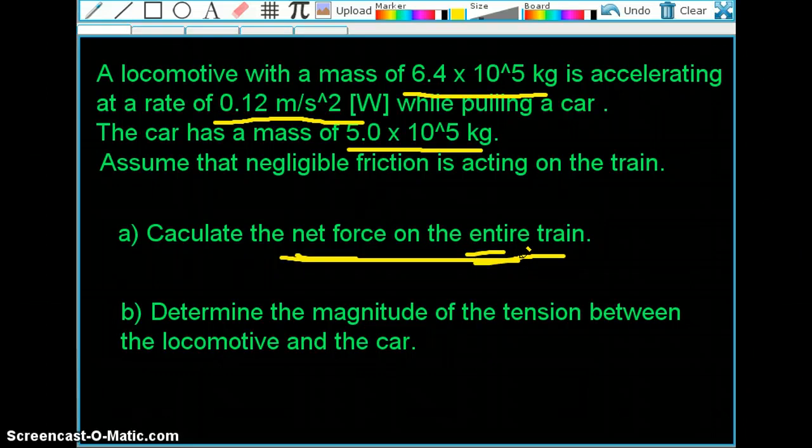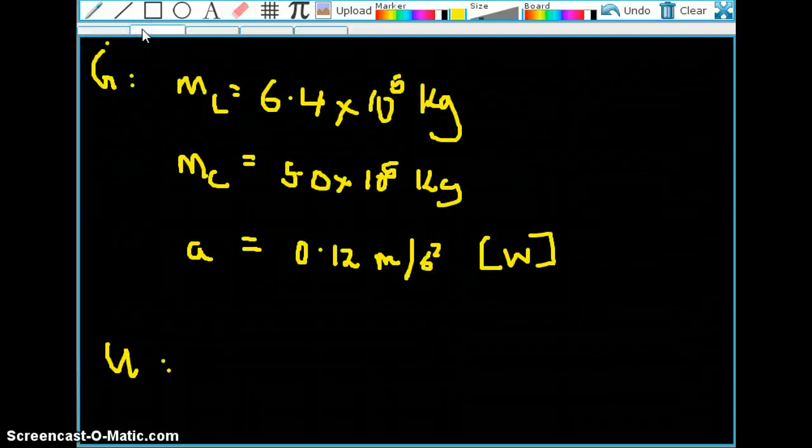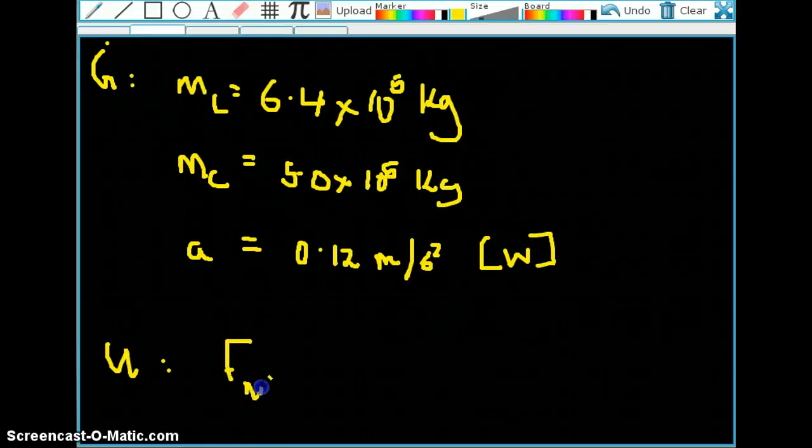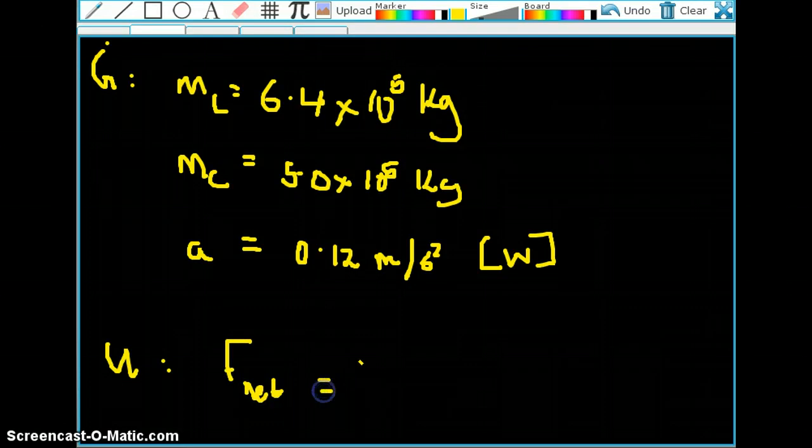And this is the key word, as you'll see, when we start subbing in the values, you'll see why you have to take the entire train to put your numbers in. Sorry, I just had a brain freeze right there. So obviously your unknown is your force, so you're looking for your F net, right? So you don't know what your F net is. So that's your given and your unknown.